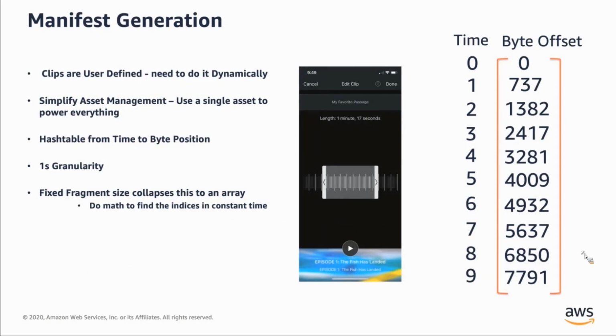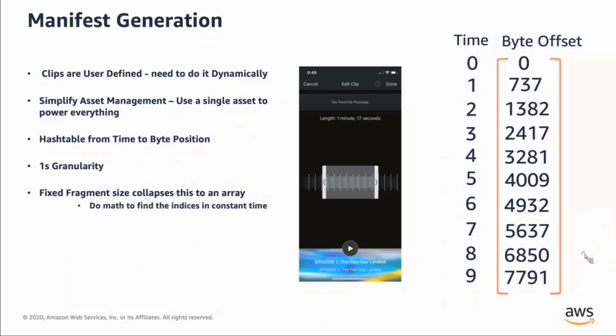In standard video on-demand use cases, you can generally create all of your manifests upfront and then statically cache them on your CDNs, and your users can take advantage of that. This is really simple, but it just didn't scale for us in our clipping scenarios since those are user-defined. If we were to do that, we would end up having to either pre-compute every permutation of every clip that could possibly be created, or create brand new assets on the fly every time the user pressed done.